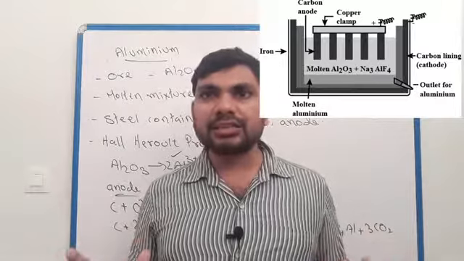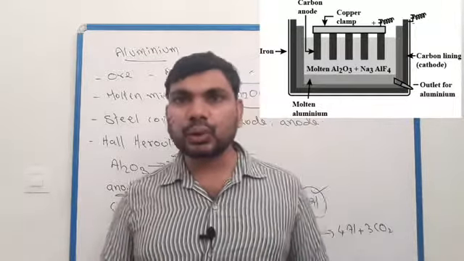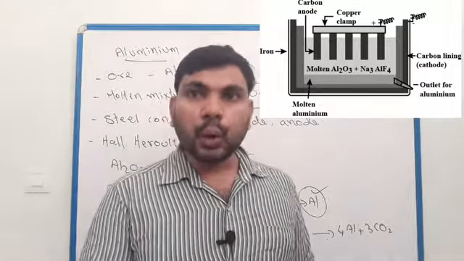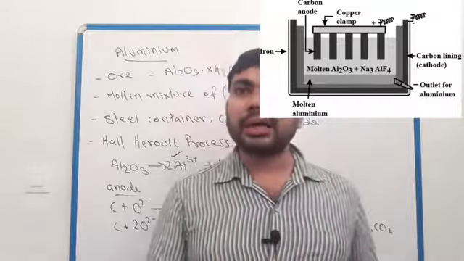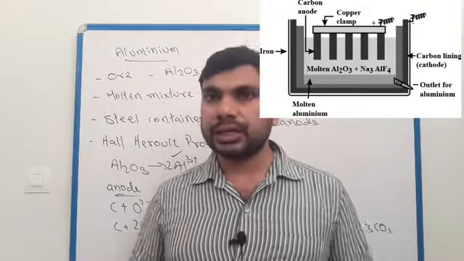After passing electricity, Al3+ will deposit at the cathode and O2- will go to the anode. Oxygen reacts with the carbon anode, forming carbon monoxide and carbon dioxide.